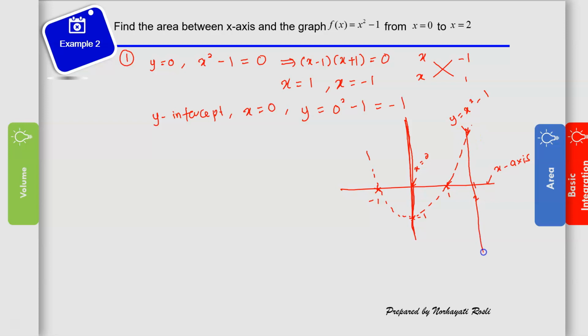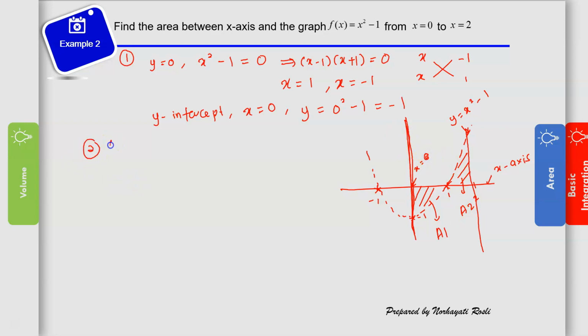So the area is given by this region and also this region. We have two regions now. We have this one as A1 and this one as A2.